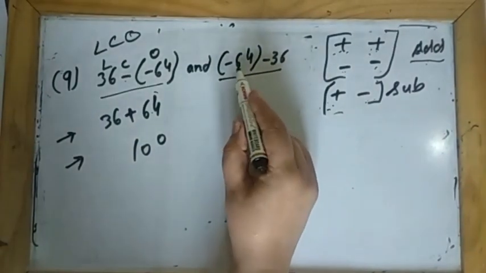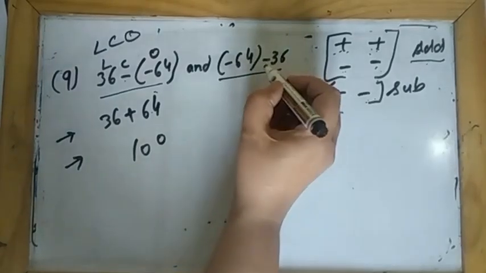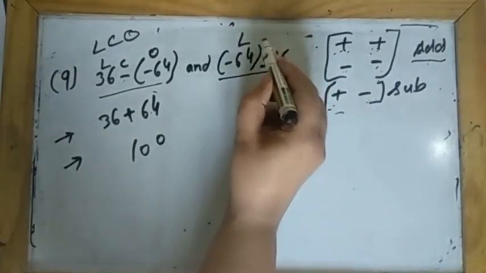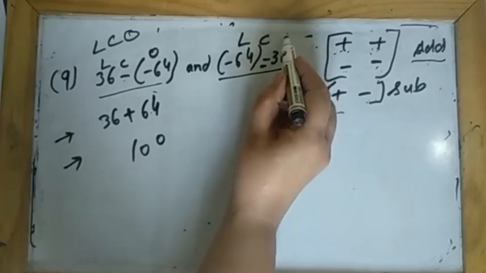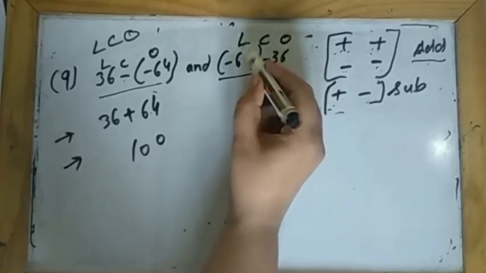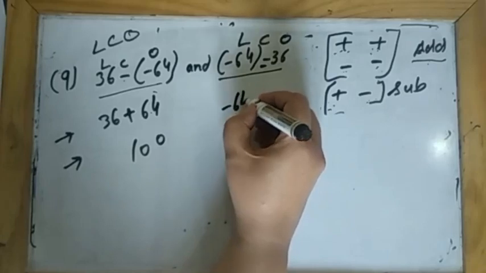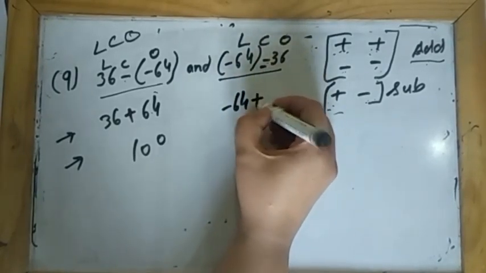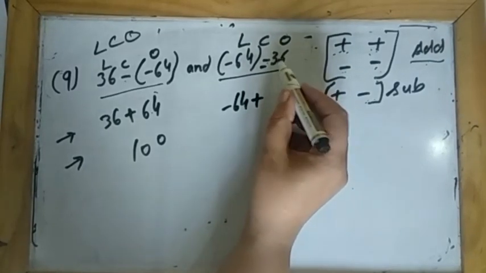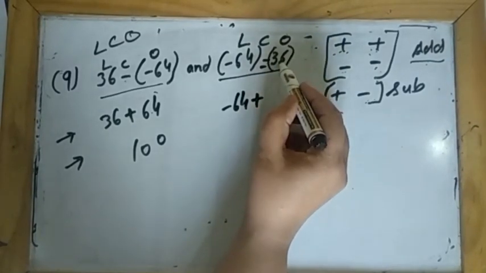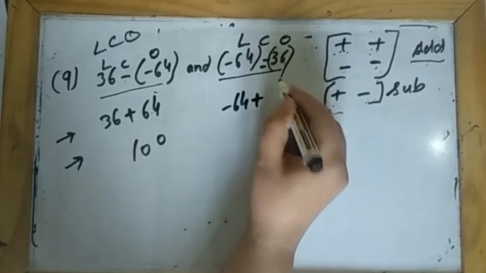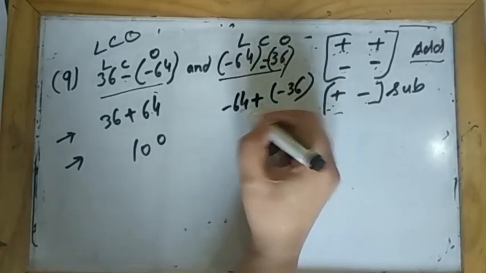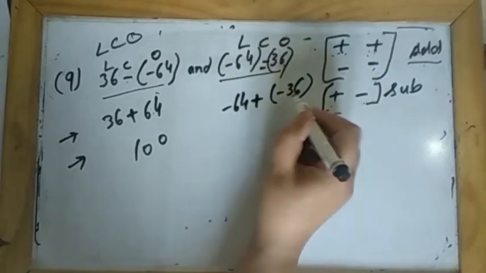Now if I come to this, this is again a subtraction, so leave, change, and opposite. Leave the first digit as it is, change the subtraction into addition, and this positive number 36 I change into minus 36. Now both these numbers have become negative.